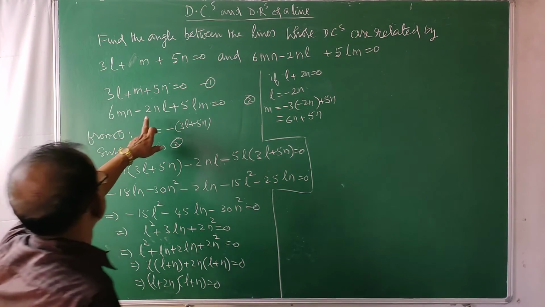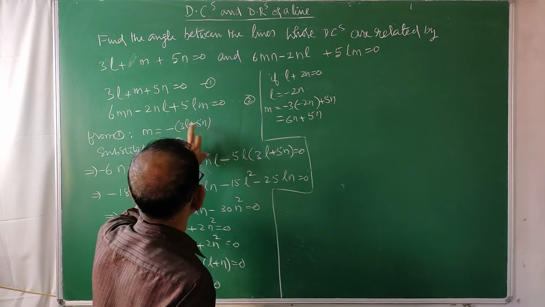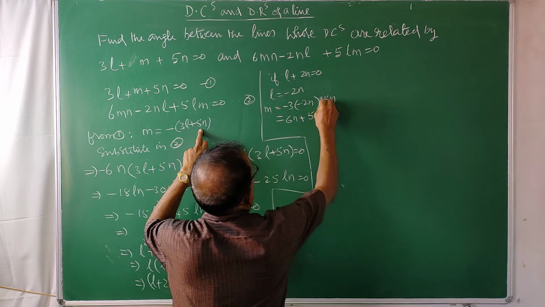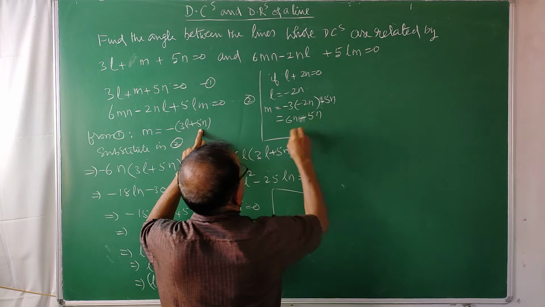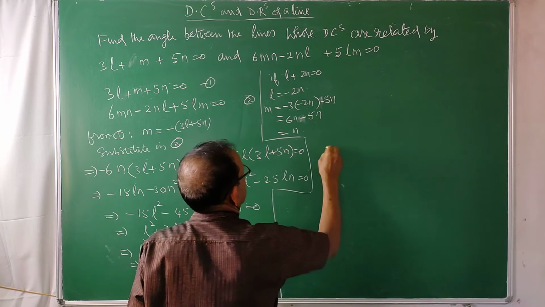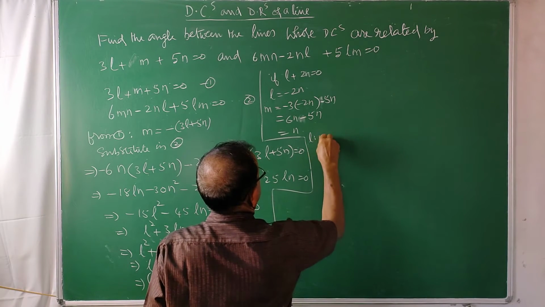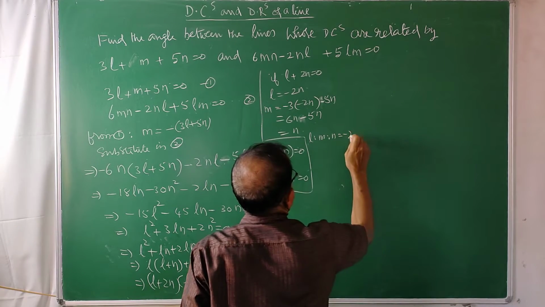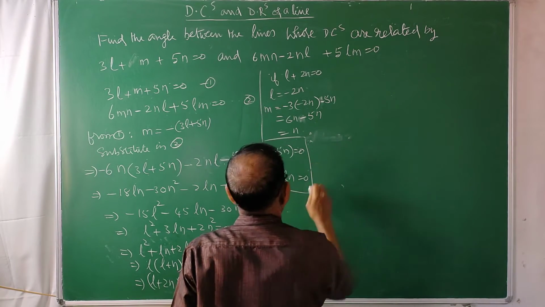Now here M is equal to minus 3L minus 5N, but we wrote here this is minus 5N. 6N minus 5N is N. Therefore, L is to M is to N: L is equal to minus 2N. I will write it here.